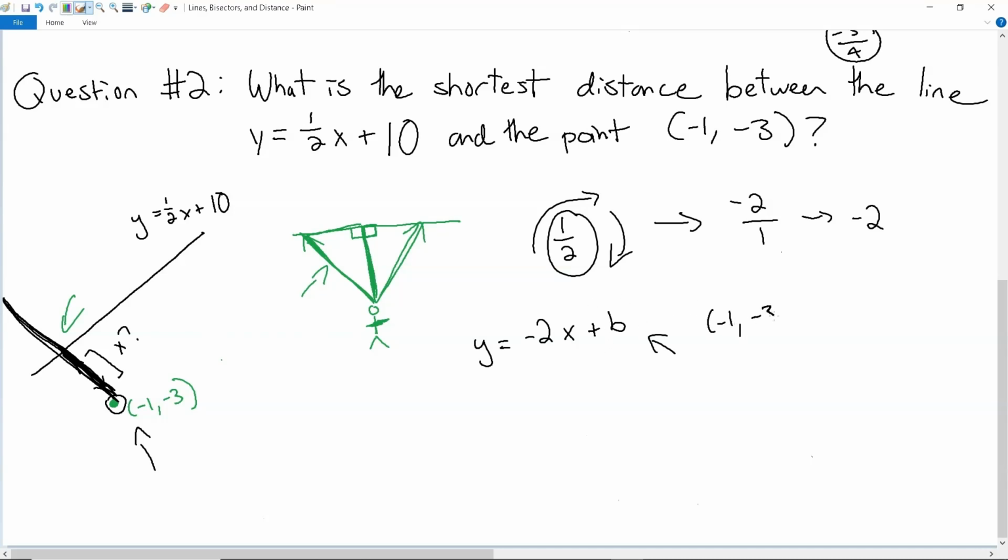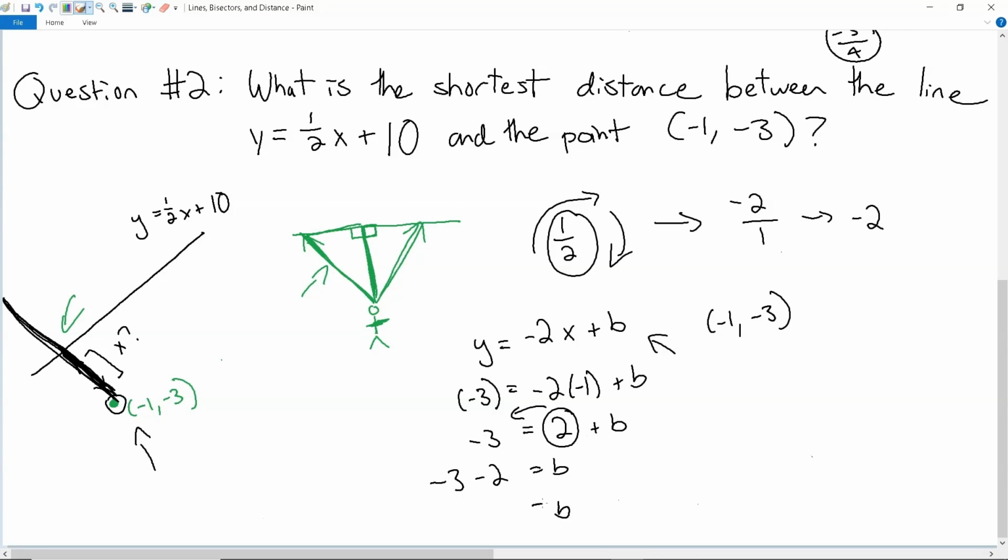That means we can plug it in to solve for b. Need to move this over here. And my b value is negative 5. So I have a new equation that looks like this.